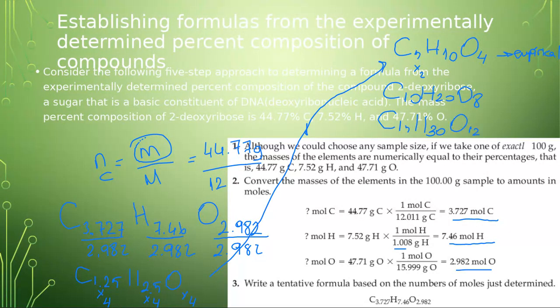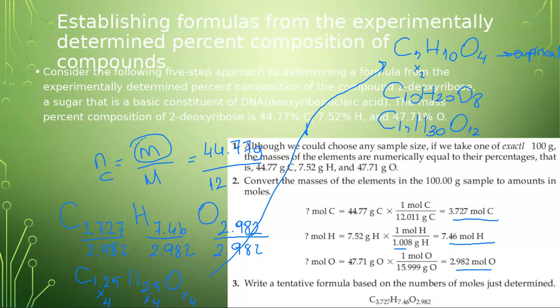To find the multiplying factor, we must compare the formula mass based on the empirical formula with the true molecular mass of the compound, and we can establish the molecular mass from separate experiments.